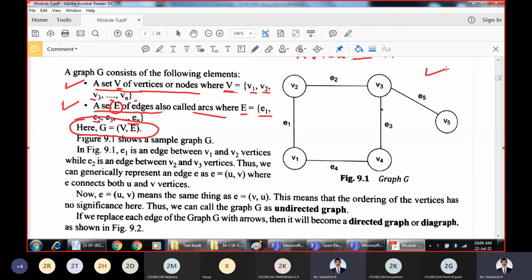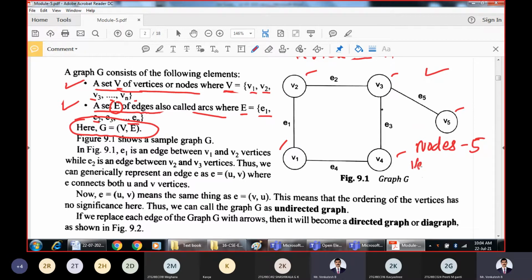So this is one example graph. Figure 9.1 shows one example graph. In this example graph, we have some vertices and some edges. What are the vertices or nodes present in this? The nodes present in this graph are V1, V2, V3, V4 and V5. That means in this graph, the number of nodes is 5.